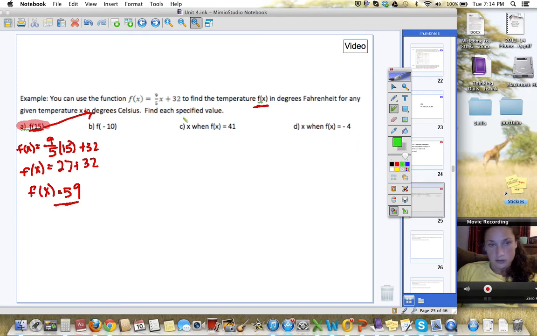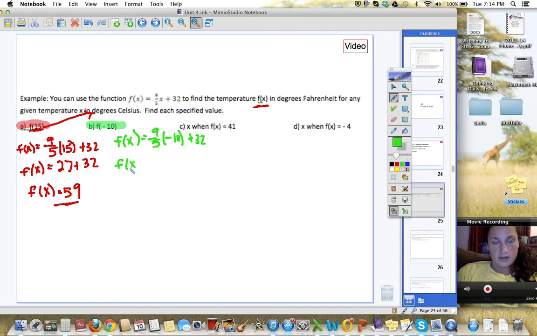Let's do B in green. I'm just going to do the same type of thing, except I'm plugging in a negative 10. So when my degrees Celsius is negative 10, what will my Fahrenheit be? I still don't know what that is, I'm trying to figure that out. 9/5 times negative 10, plus 32.